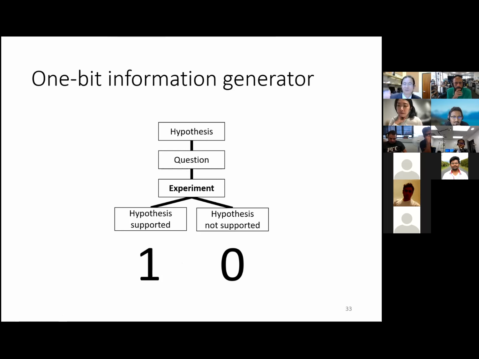That's confusing. But my point is, an experiment is to generate this 1-bit information. Is your hypothesis supported or not supported? So this 1-0 information is the final product.